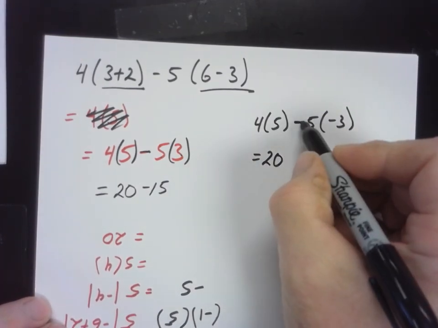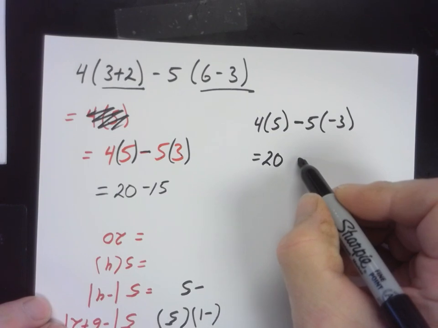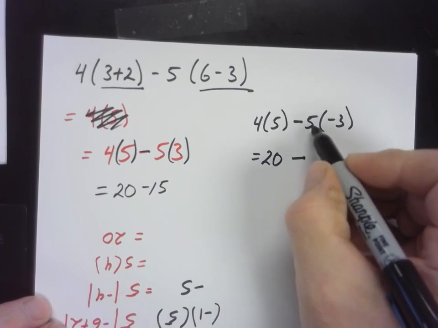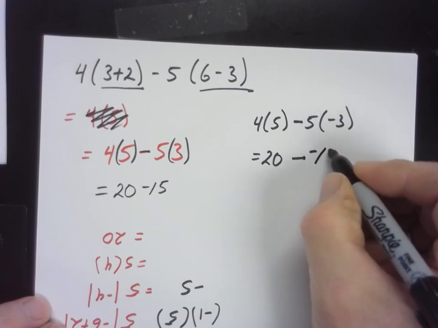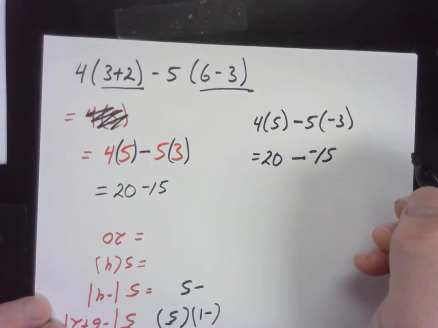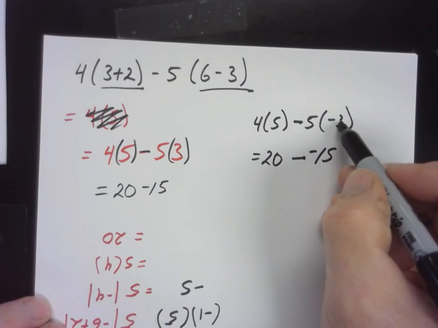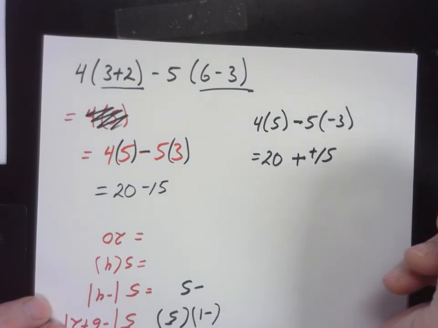If I just put that negative symbol down and then 5 times negative 3, that's negative 15. Well, what's negative 5 times negative 3? It's positive 15, isn't it?